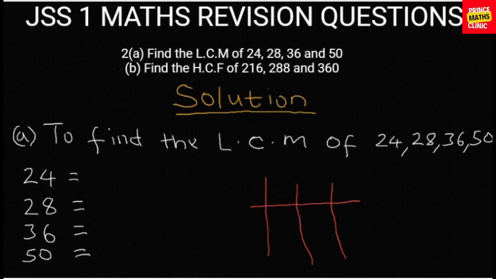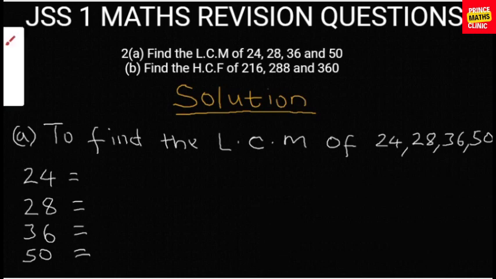In this class, I'm not going to be using that method. That method is good, but I'll be showing you another method other than drawing a line. And the method I'll be showing you will also give you a very accurate result. So let's dive right into the solution.